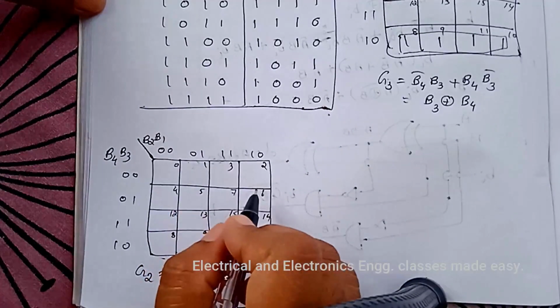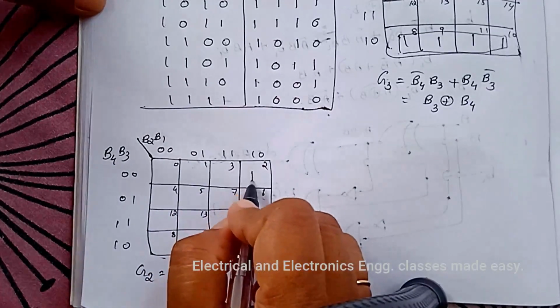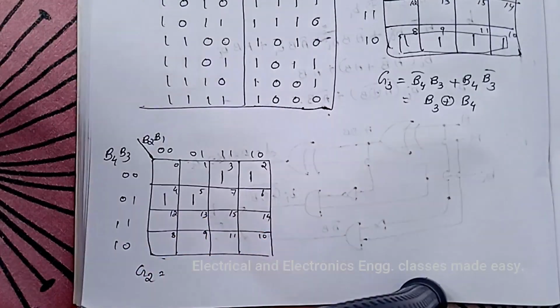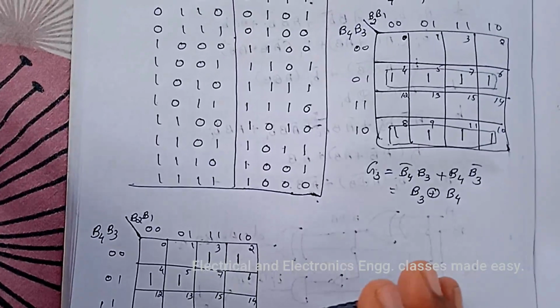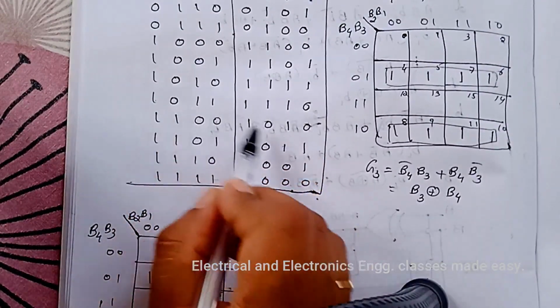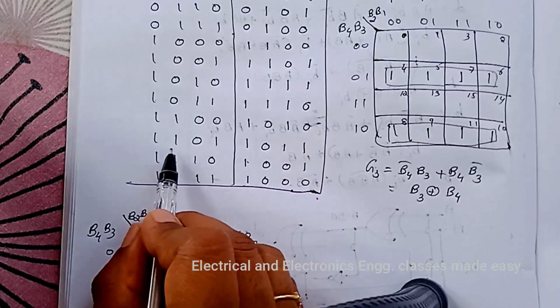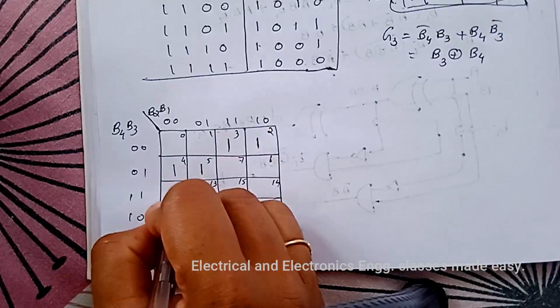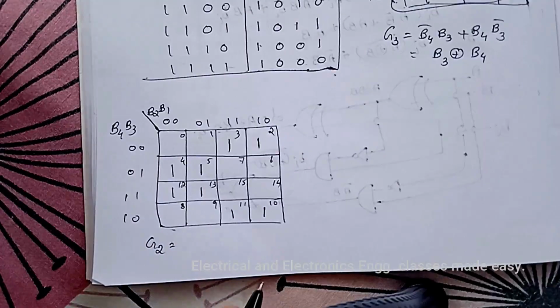That is 2, 3, 4, 5. And next is 10, 11, 12 and 13. 10, 11, 12 and 13 are equal to 1.